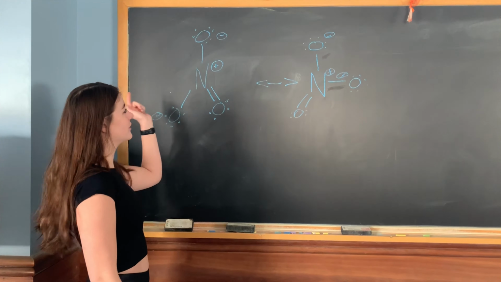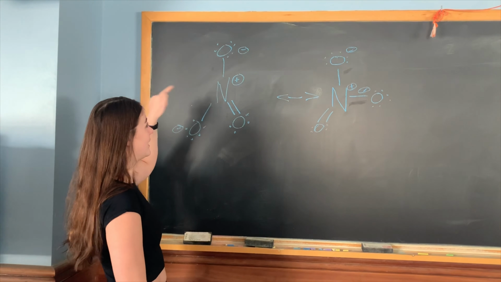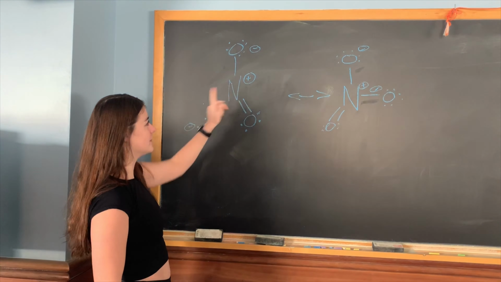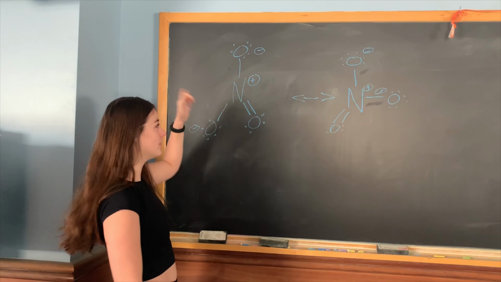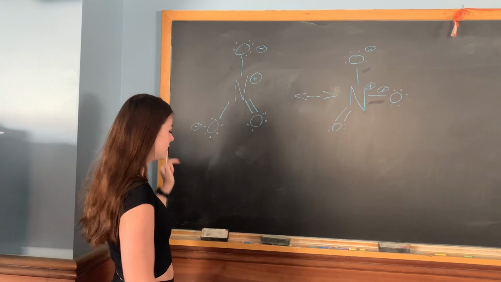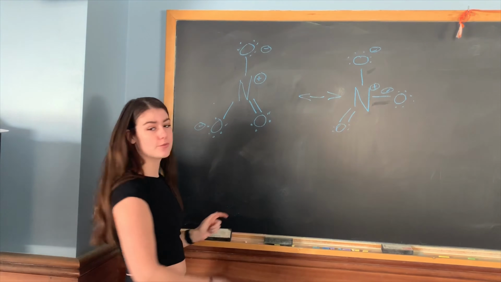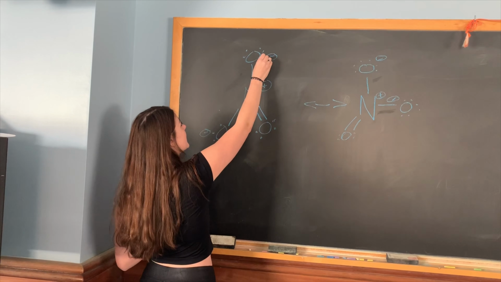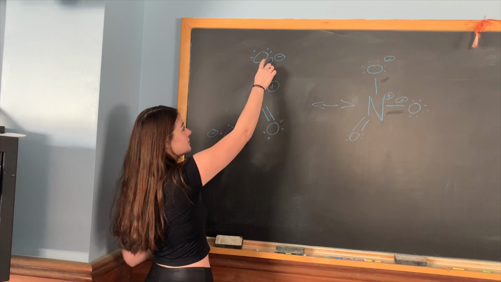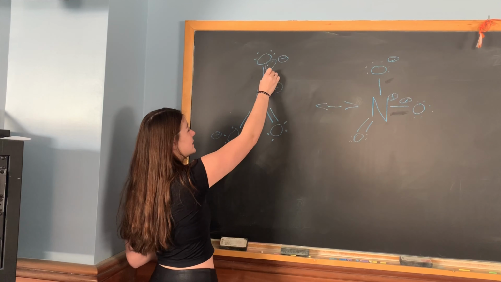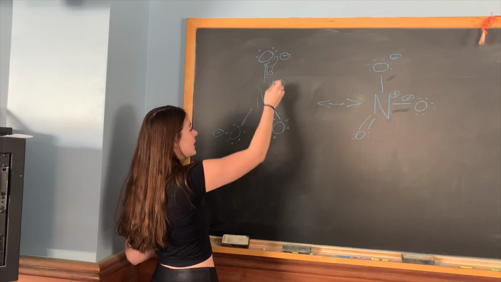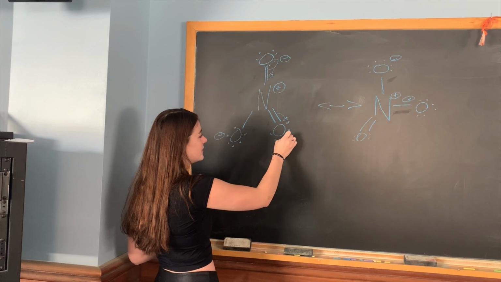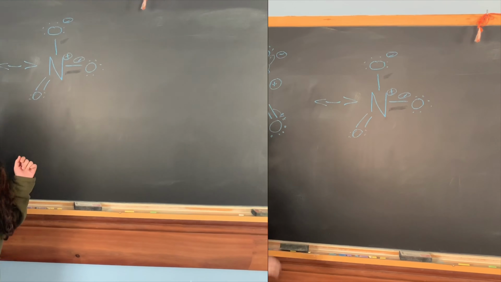So here's one structure of a nitrate molecule, and as Declan explained, there are 2 negative charges and a positive that cancel out to make one molecule with a negative charge. But there are different ways you can write this structure. Another way is to take the 2 lone pairs off this oxygen and add them here to make a double bond, and then make this bond come back out and have 2 lone pairs on this oxygen instead.